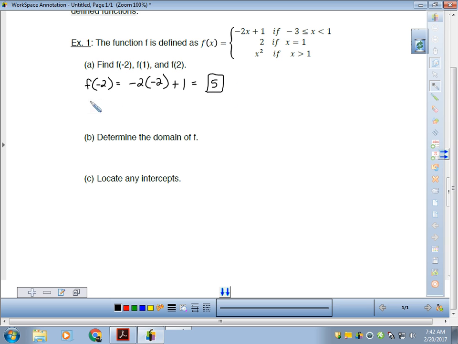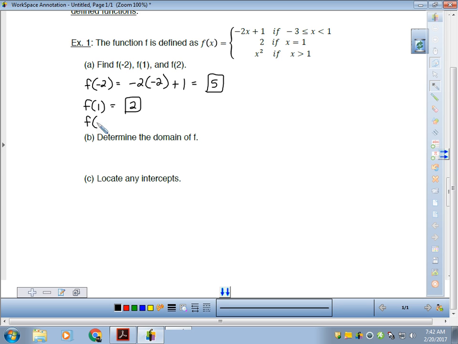The next one, we have f of 1. Is 1 greater than 1? No. Is 1 equal to 1? Yes. So we use this function, and that function is just a number, so there's no calculation involved. We just get 2.